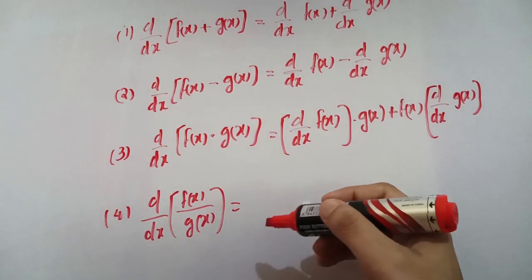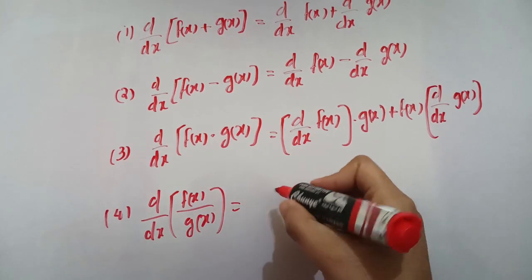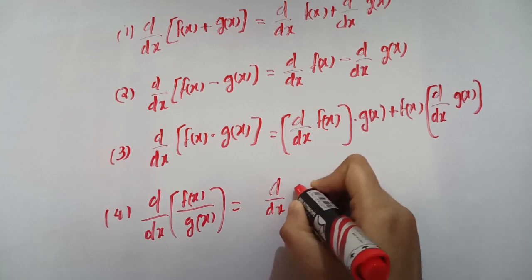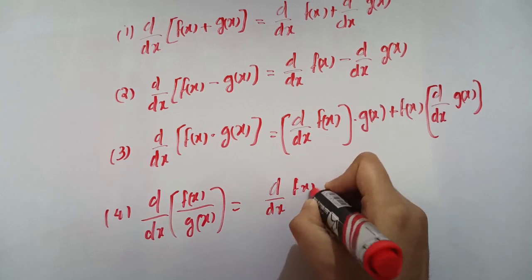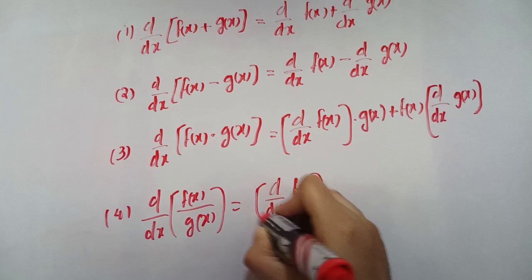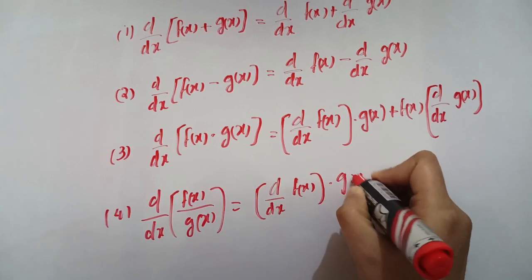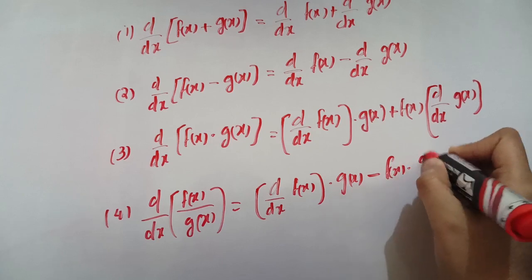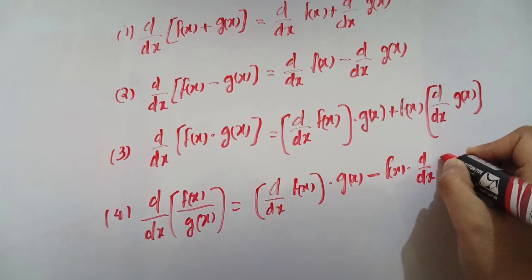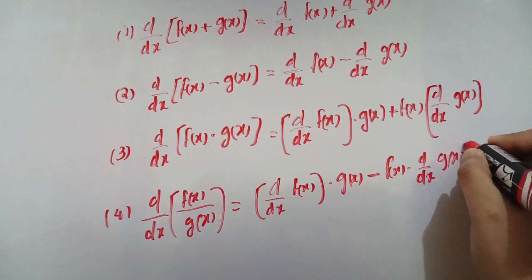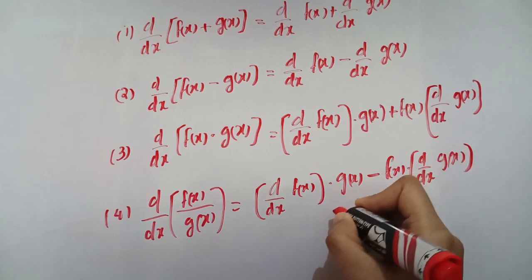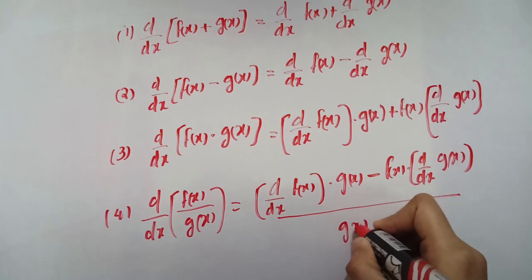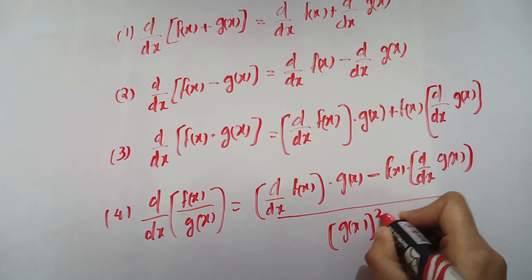Next, d by dx of f of x by g of x is equal to d by dx of f of x into g of x minus f of x into d by dx of g of x, divided by g of x whole square.